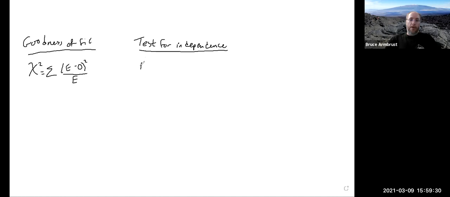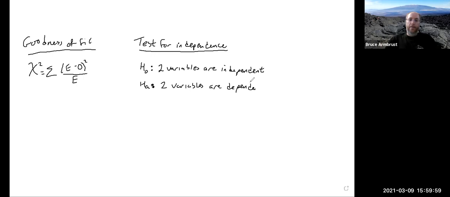All right, and so the null hypothesis always for a test for independence is that the two variables are independent. So that means, of course, that the alternate hypothesis is going to be that the two variables are dependent. Because if you're not independent, you're dependent.